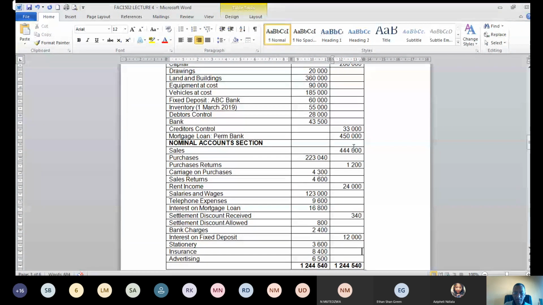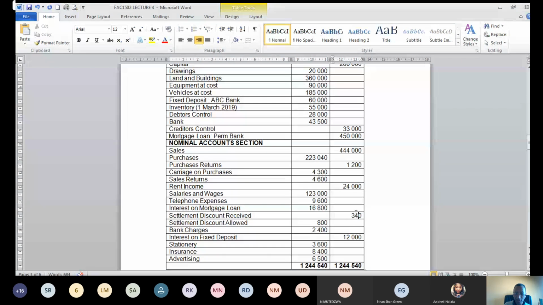So if you take a look at this activity over here, you've got credit balances for sales, purchases returns. But that was all calculated within the gross profit. We used those totals already. The next account with a credit balance is rent income.